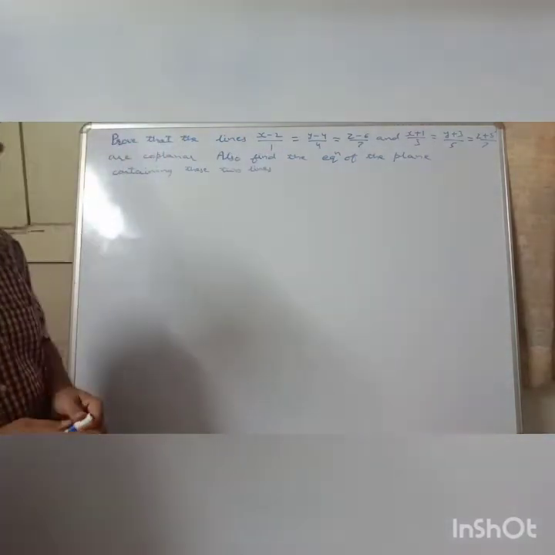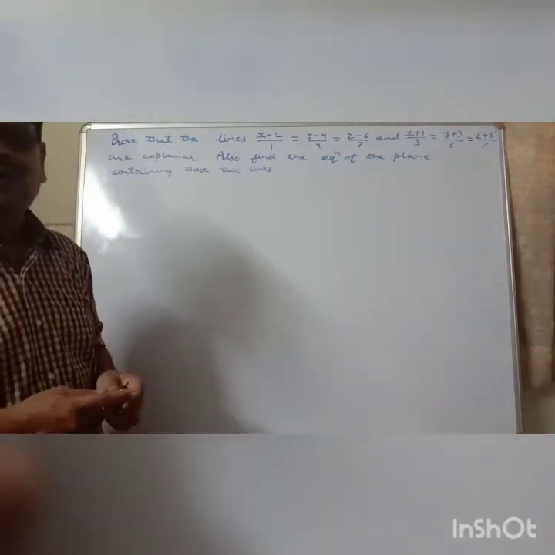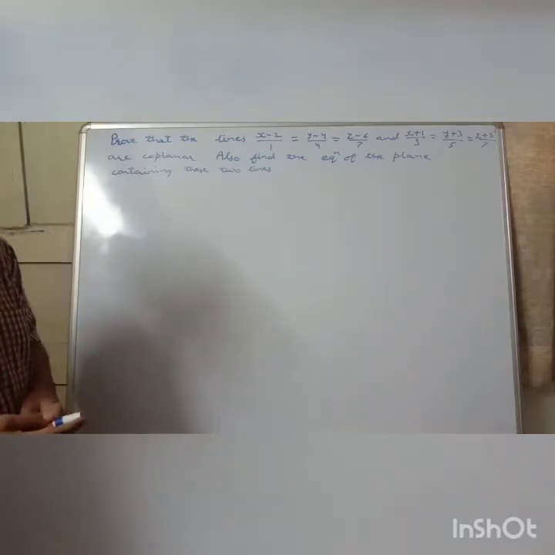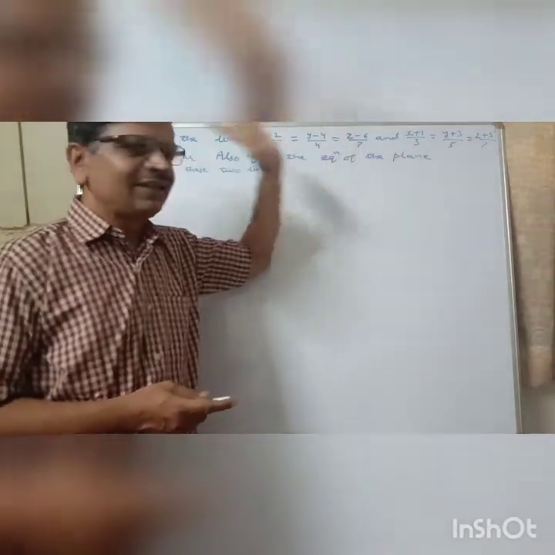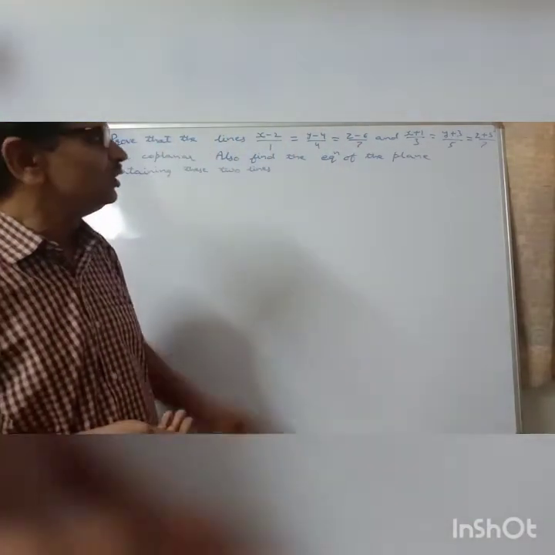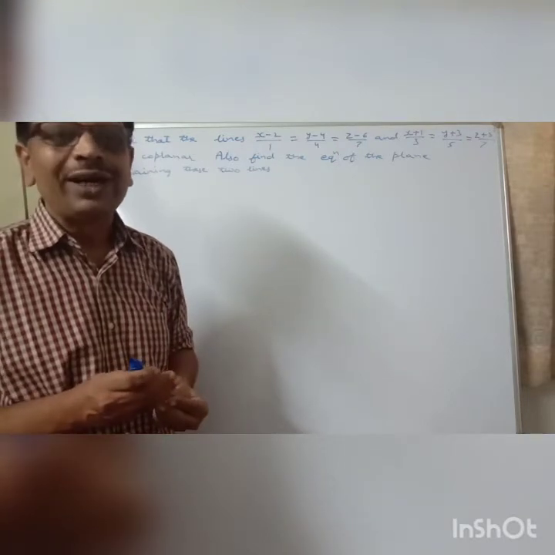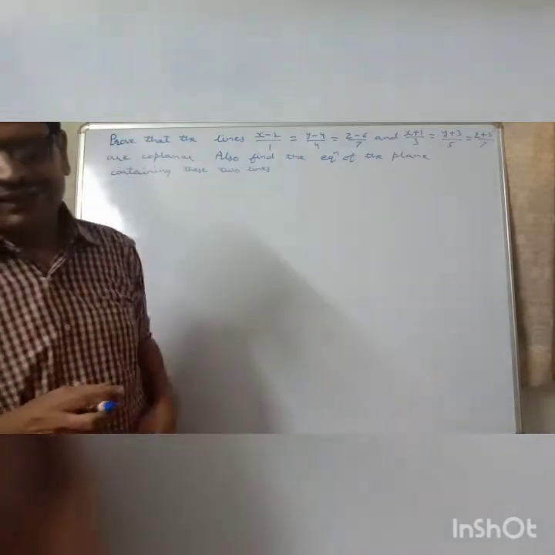Now from the equation of each line, we get the coordinates of one point and the direction ratios of the line. Numbers in the denominator represent direction ratios. Numbers in the numerator are coordinates of a point on that line.